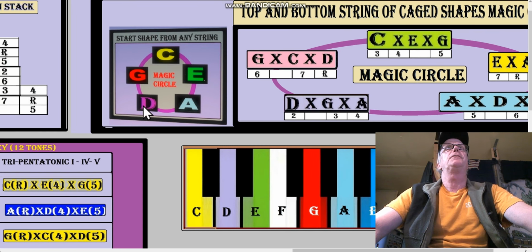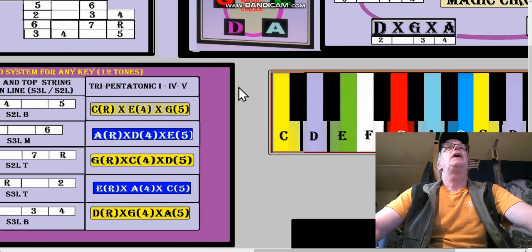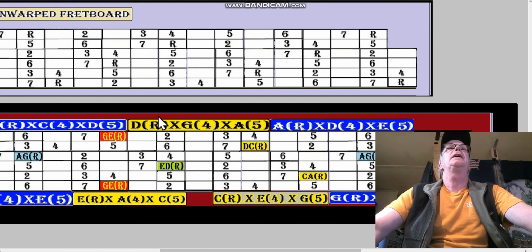A goes to D, fourth of A is D, fourth of D is G, fourth of G is C, third of C is E. So what it follows is like an A string.